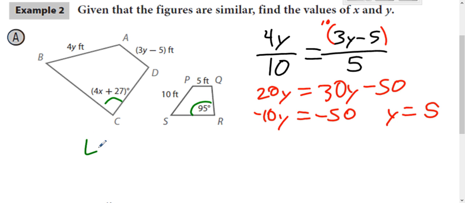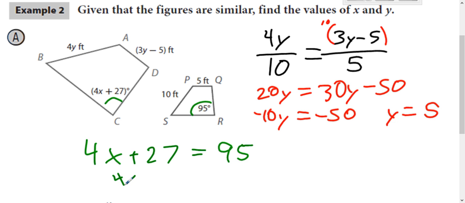Corresponding angles are congruent, so they're equal. You write your equation and solve it. So you subtract the 27, you get 68, and then divide by 4, you get x equals 17.